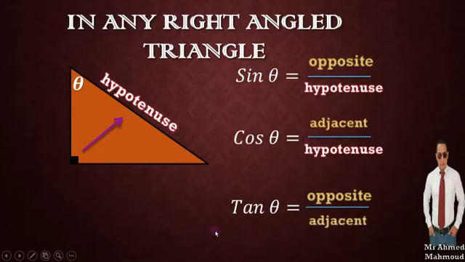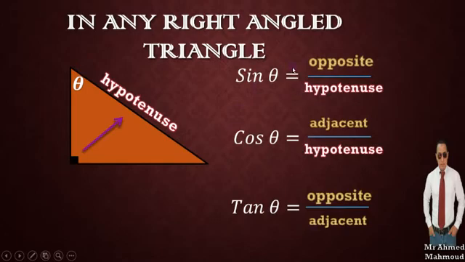So we will study later tan by another rule, sine over cosine. But here sine is opposite over hypotenuse, cosine is adjacent over the hypotenuse, and I explained the difference between the adjacent and the opposite, and the tan is the opposite over the adjacent.